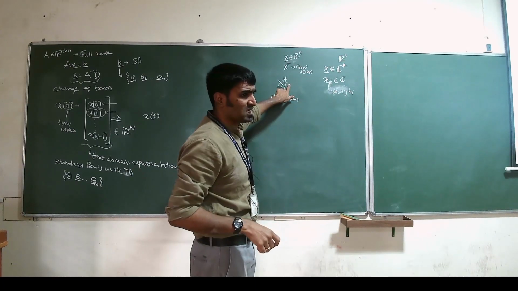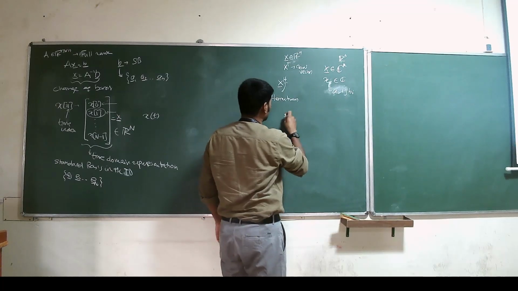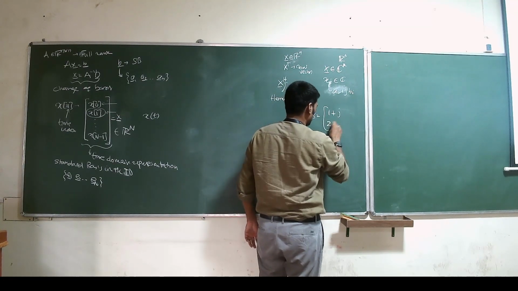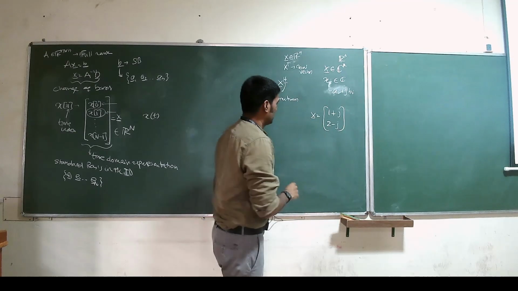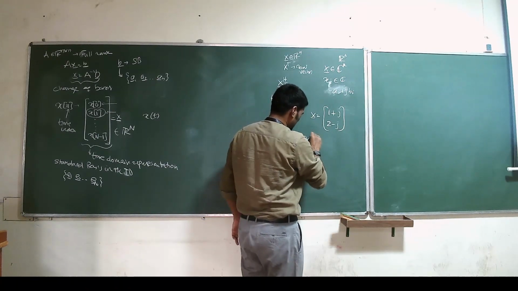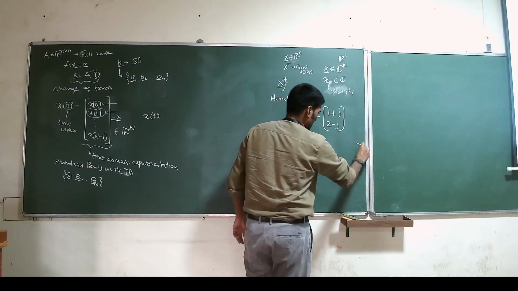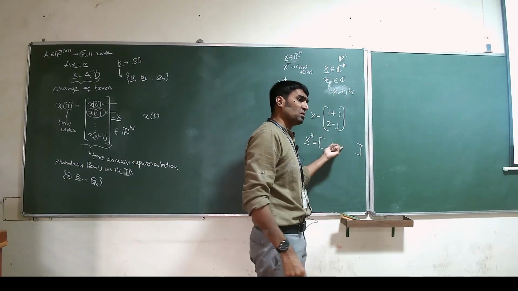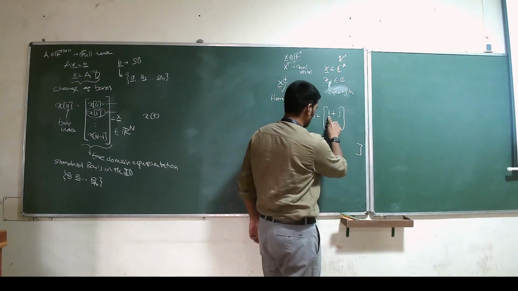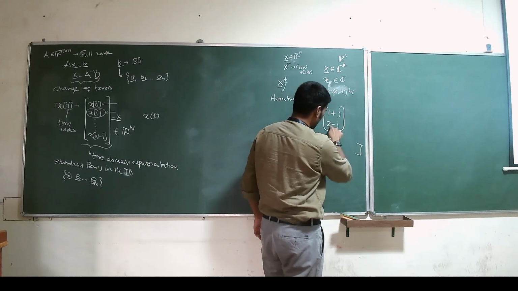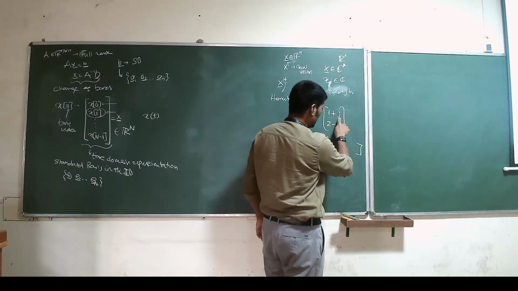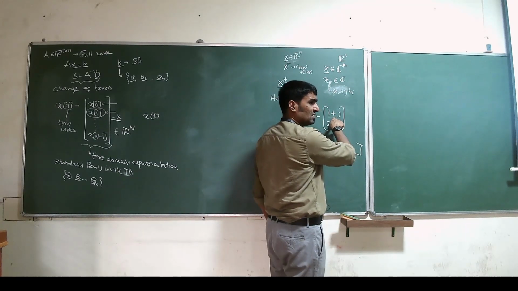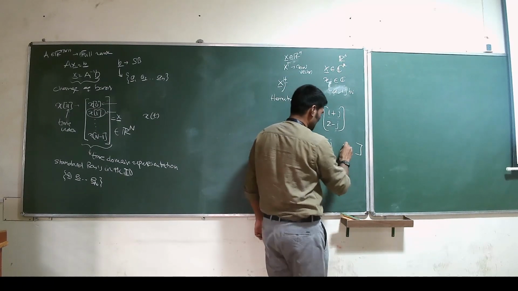What you do here is, let's say I have a complex vector 1 plus j and 2 minus j. X Hermitian is simply, you take the transpose of the vector and you find the complex conjugate of each individual element. So the complex conjugates are 1 minus j and 2 plus j.